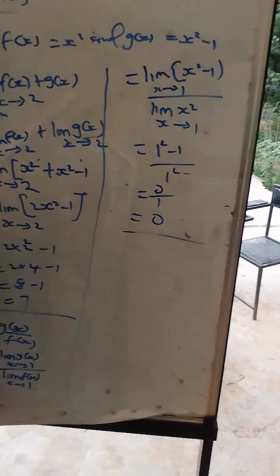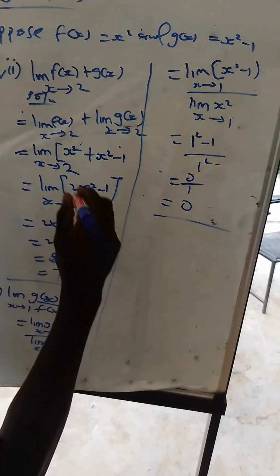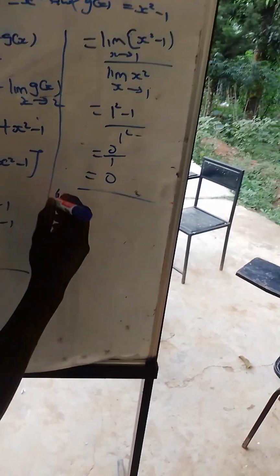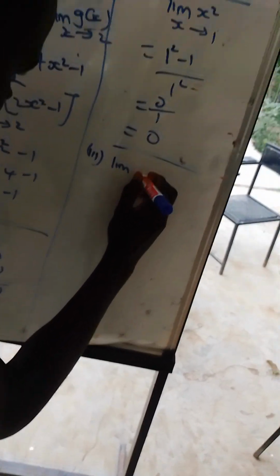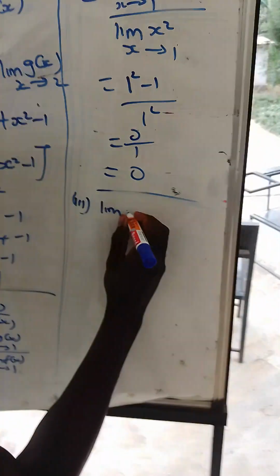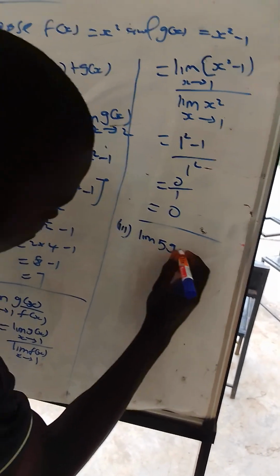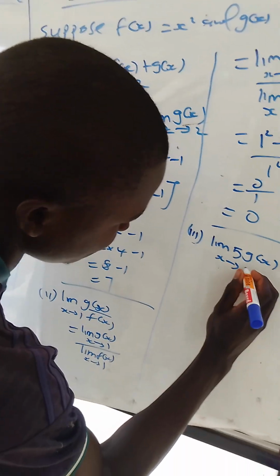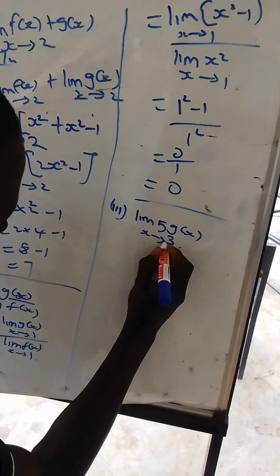So that one is an application of another property again. We are going to look at another one again. Now we are going to our third example: suppose that you find the limit of the function 5 g over x for x tending into 3.